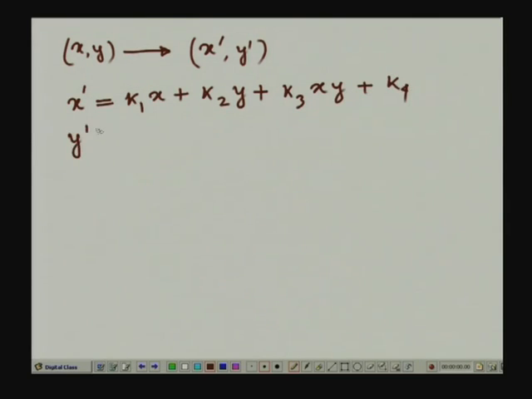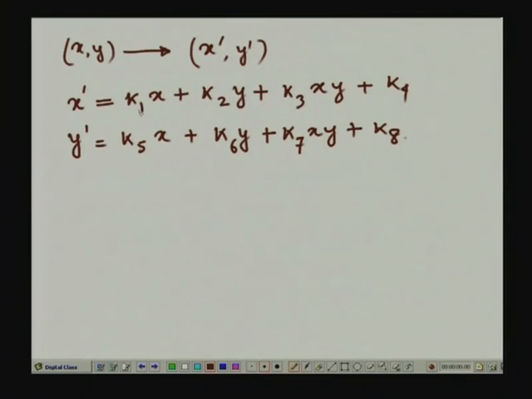Similarly, y prime can be written as some constant k 5 times x plus k 6 times y plus k 7 times x y plus say k 8. So, from this you find that if we can estimate these constant coefficients k 1 to k 8, then for any given point in the original image, we can estimate what will be the corresponding point in the degraded image.